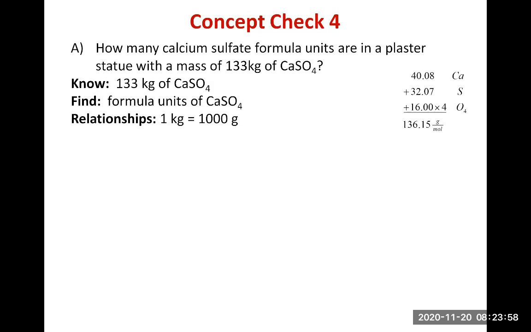So there is 1 calcium in the formula, and its molar mass, the mass of 1 mole of calcium, is 40.08, plus the mass of sulfur, 32.07, plus 4 times the molar mass of oxygen, 16.00 grams per mole. 4 times because we have 4 oxygen in that formula. And that's a total of 136.15 grams per mole. So we will use this as the molar mass for calcium sulfate.